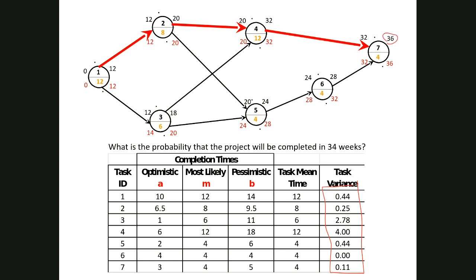But what we want to know is the probability that the project can be completed in 34 weeks rather than 36 weeks. This is where we're going to use some probability theory that we've talked about previously. We'll see how that works on the next slide. I hope you were able to calculate these values and determine that they are all correct.